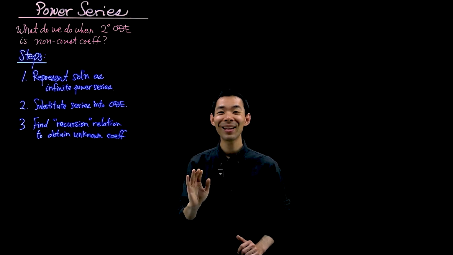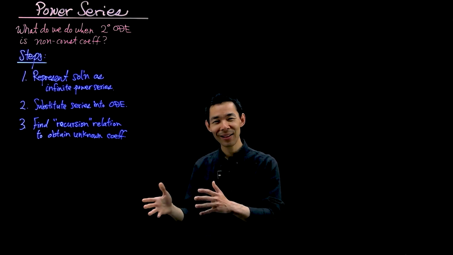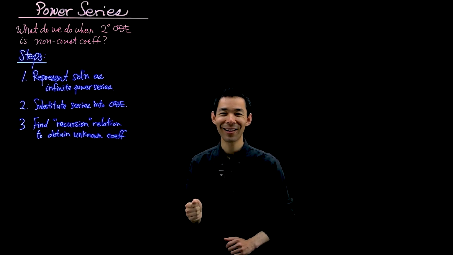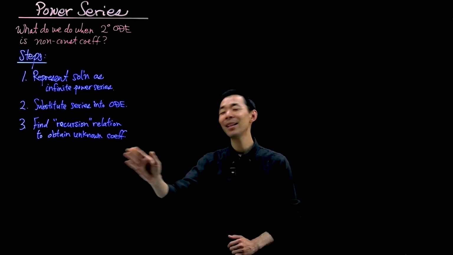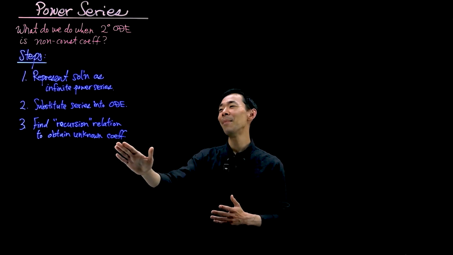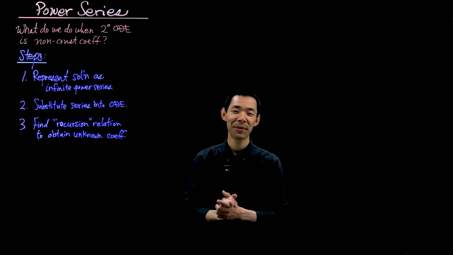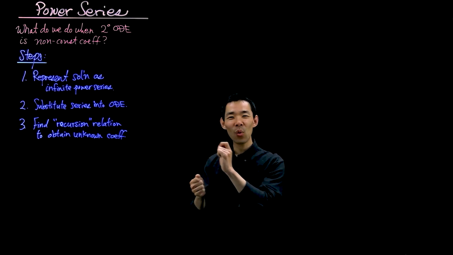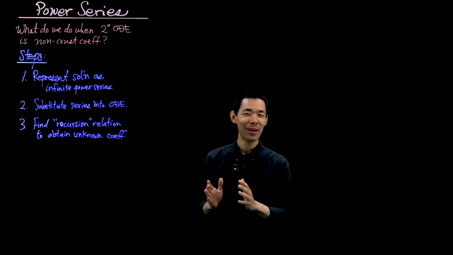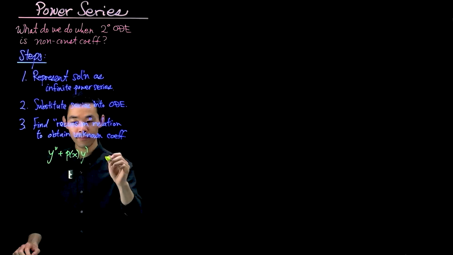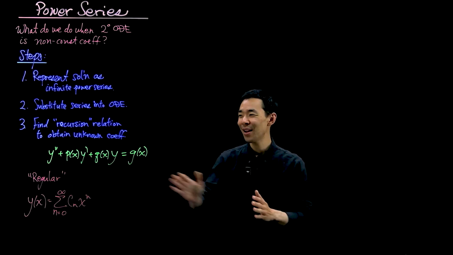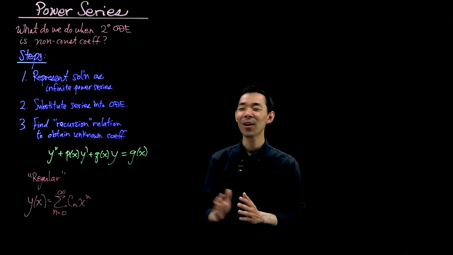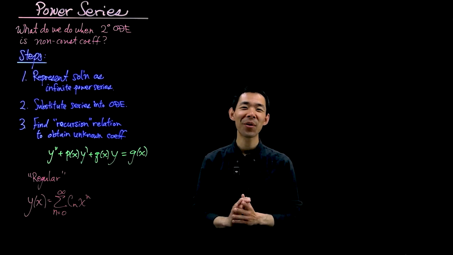Then step 3 is to use that substitution to obtain what's called a recursion relation to obtain the unknown coefficients that come outside each of your series inside your solution. Okay, let's put equations to each of these steps so that we are specific about what we mean. I've written down here the generic form of the linear second-order non-constant coefficient ODE.